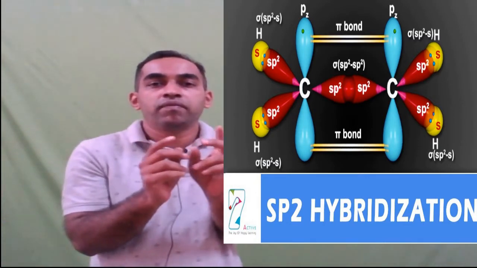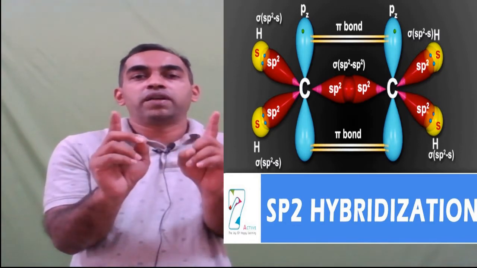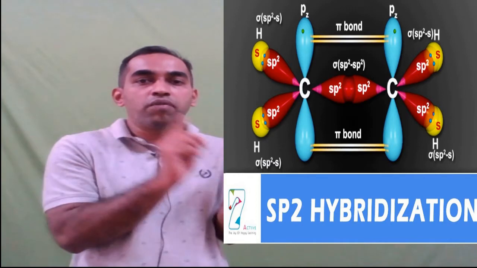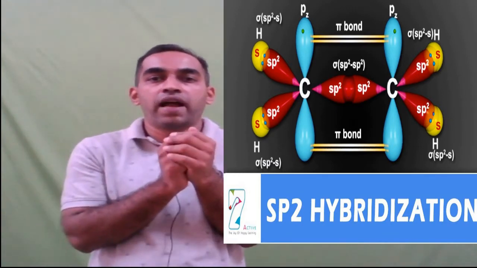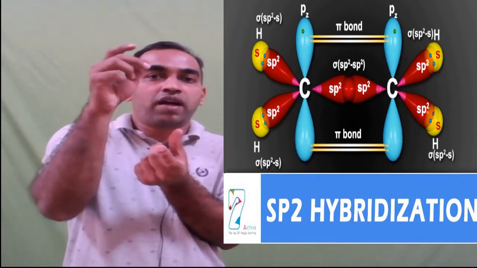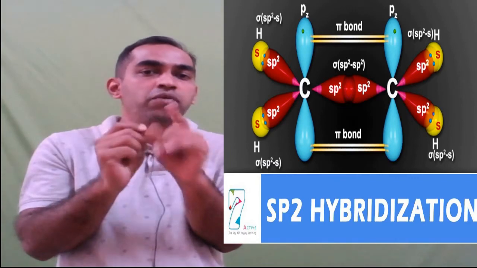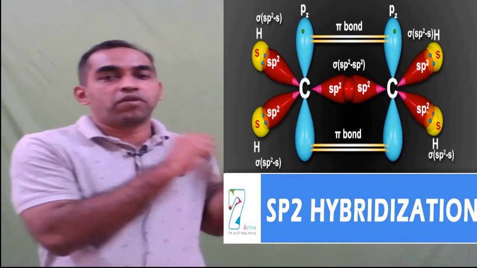In ethene, the sp2 hybridized orbitals form bonds with hydrogen, C-H, and the remaining p orbital on the carbon atom, having 1 electron, will overlap sideways to give a pi bond.